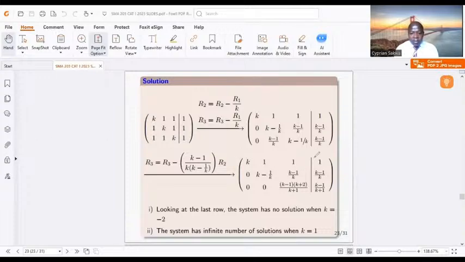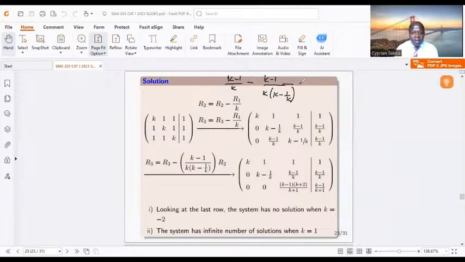Now, what about here? How did I get this? It is this row, this element, and this element is what? k minus 1 out of k minus k minus 1 out of k into k minus 1 out of k.